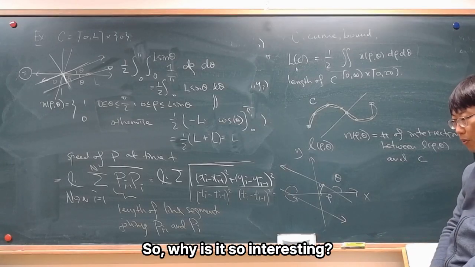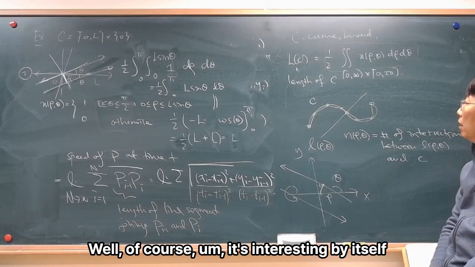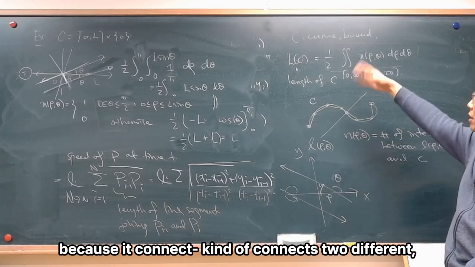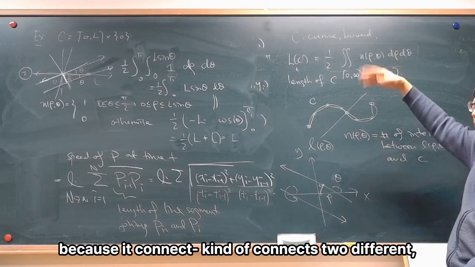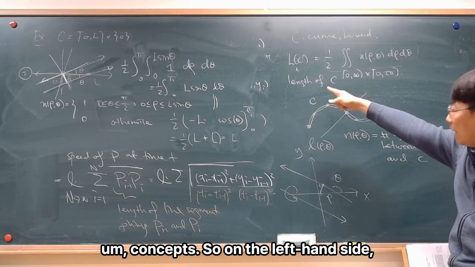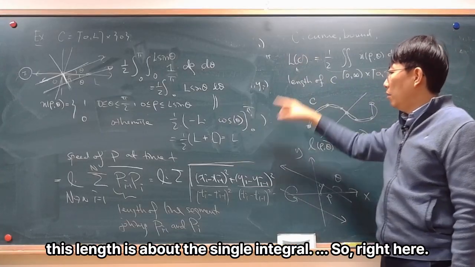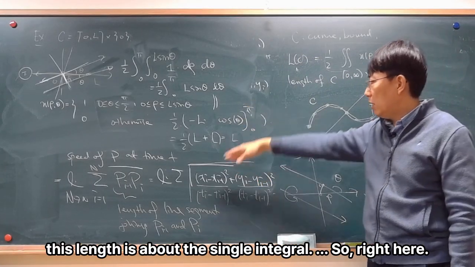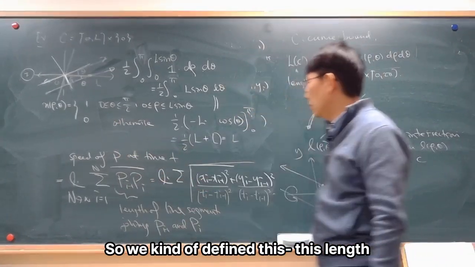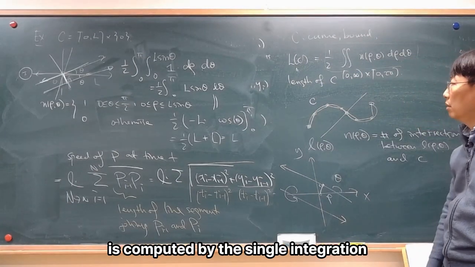So why is it so interesting? Well, of course, it's interesting by itself because it connects two different concepts. On the left-hand side, this length is about a single integral, right? We define that this length is computed by single integration.